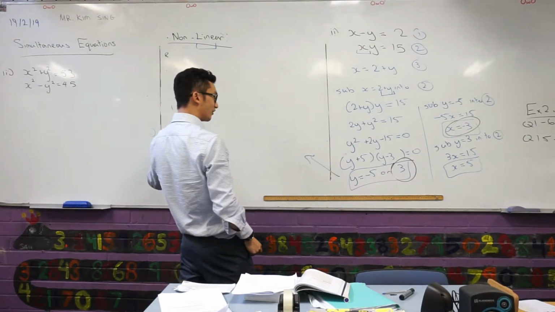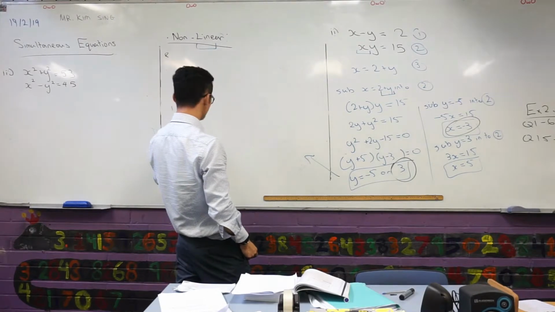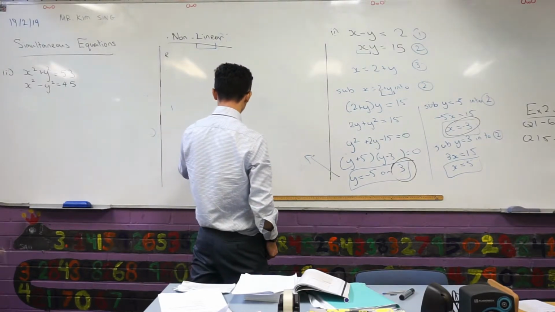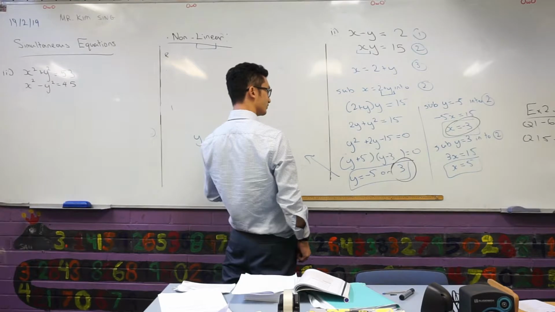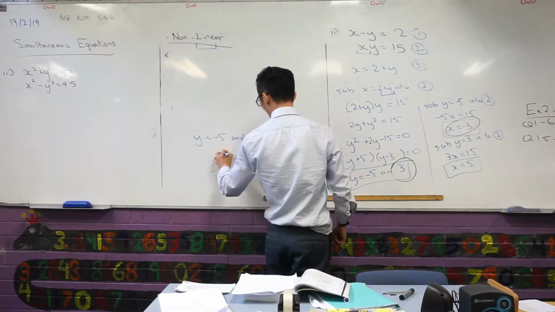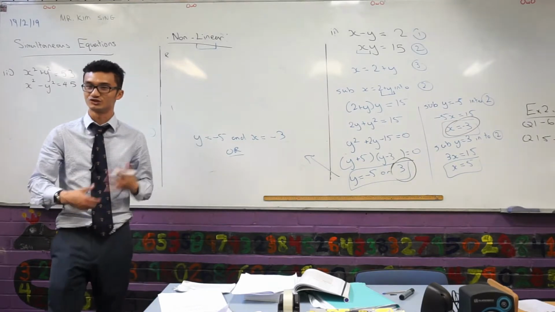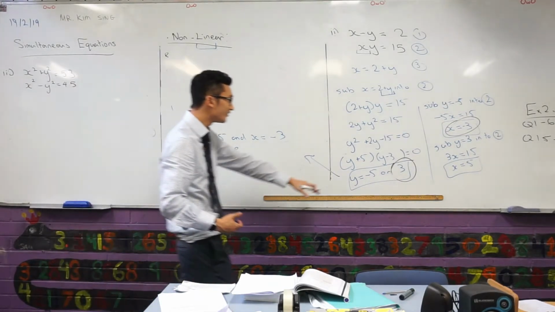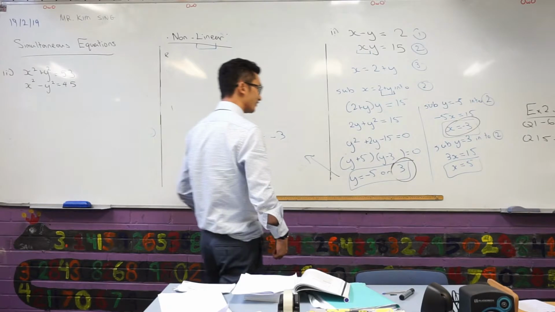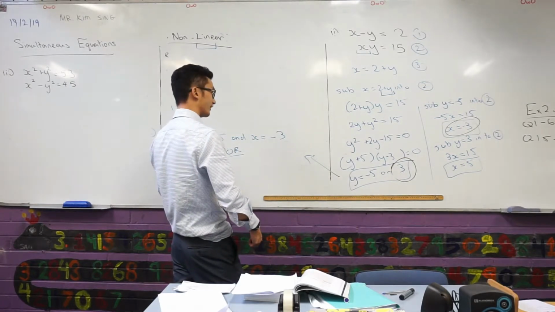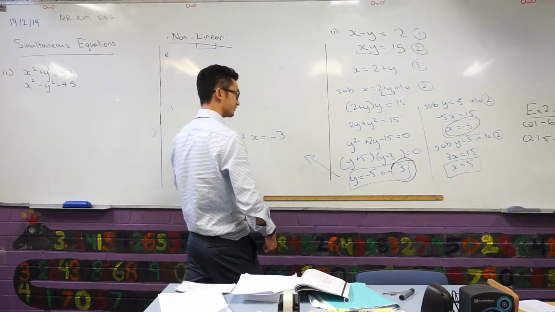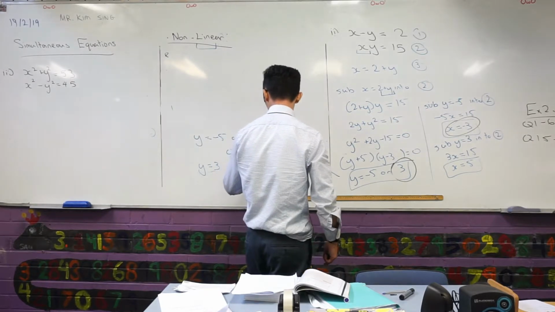I'd say y equals negative 5 and x equals negative 3. Or, because we use the word or when we're talking about separate solutions, what's the other case I have? I can have y equals 3 and x equals 5, okay?